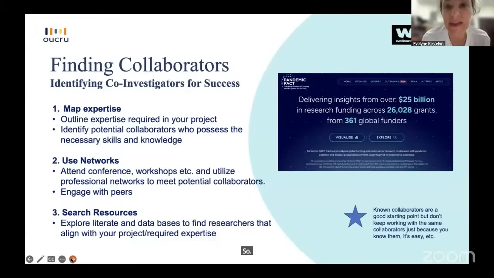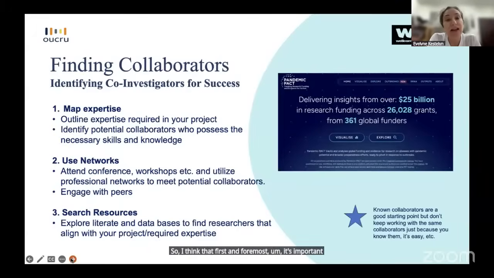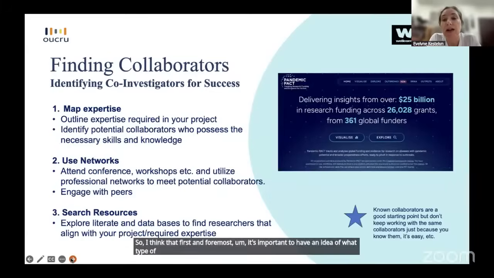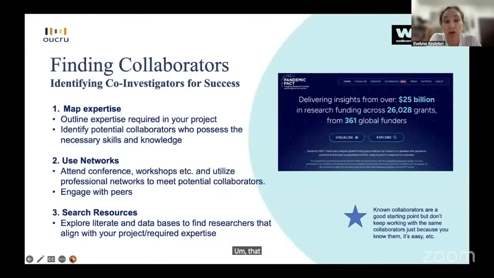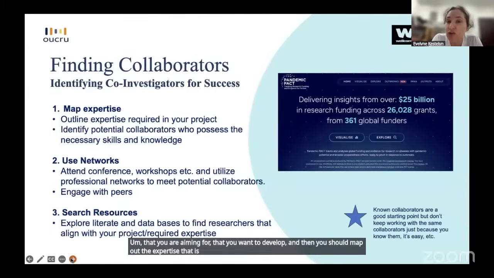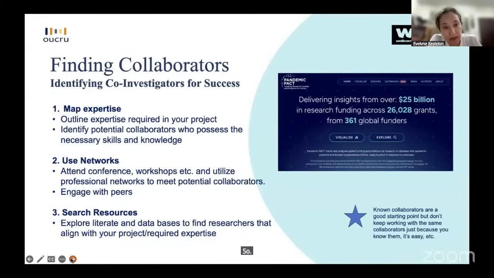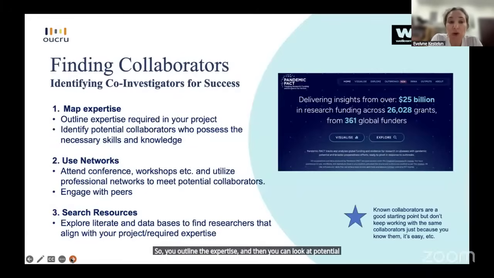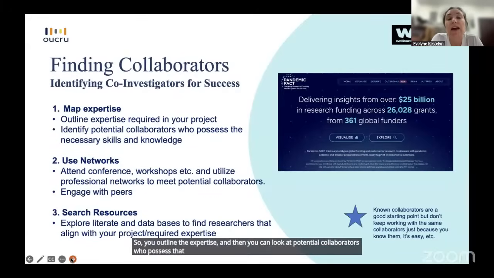I think that first and foremost, it's important to have an idea of what type of proposal you are aiming for, that you want to develop. And then you should map out the expertise that is required to bring that proposal to a successful outcome. So you outline the expertise, and then you can look at potential collaborators who possess that skill set or knowledge.